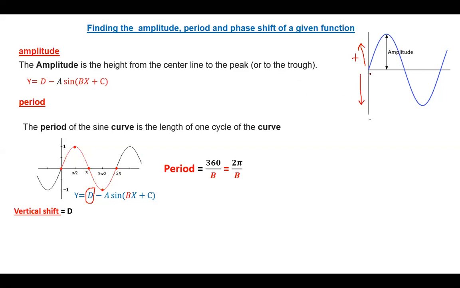We're going to have our 0 there, but we're going to shift our center line. If our vertical shift is 2, it's going to shift to there. So that is how.